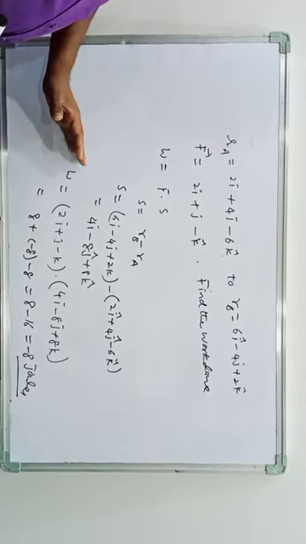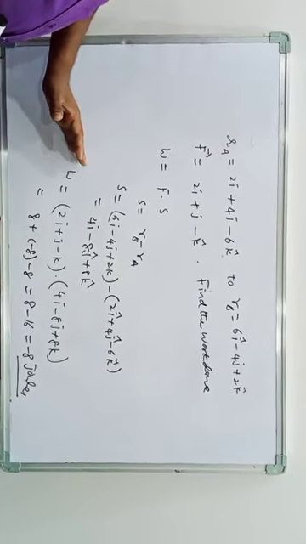According to the given problem, F = 2x i cap + 2j cap + 3z² k cap. So this is the force acting on the particle, and the coordinates go from (1, 2, 3) meters to (3, 6, 1) meters.